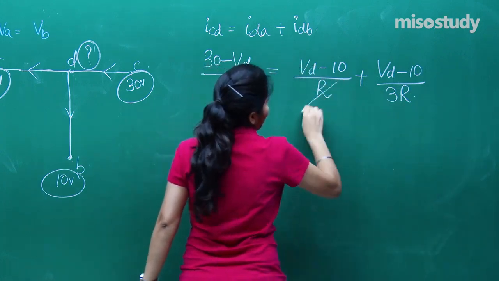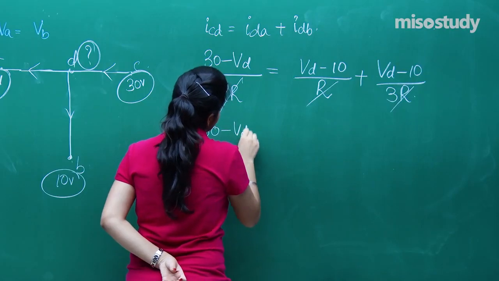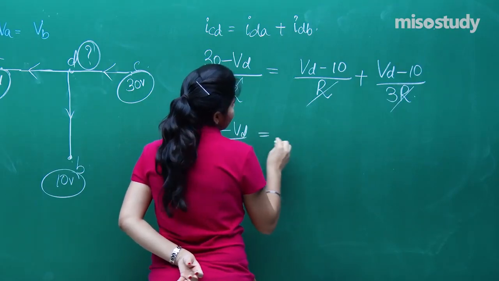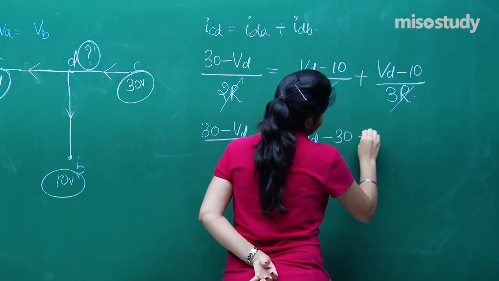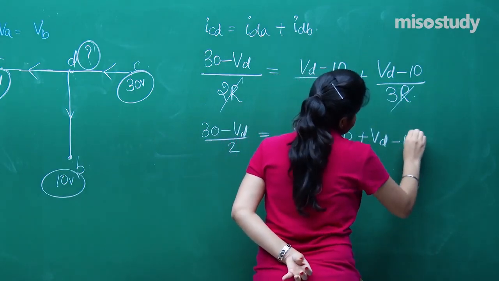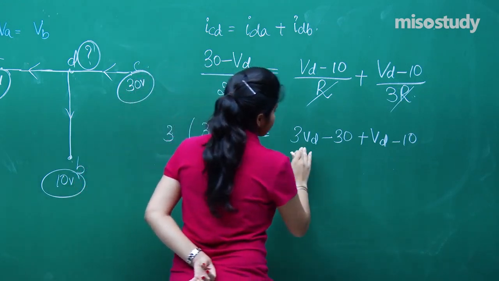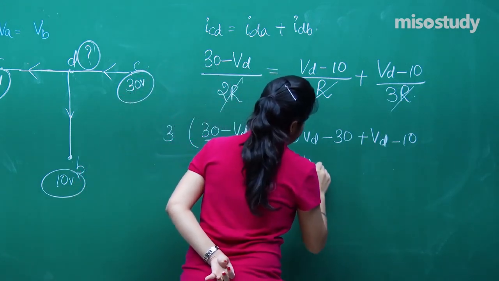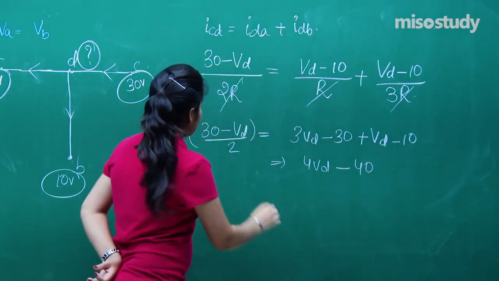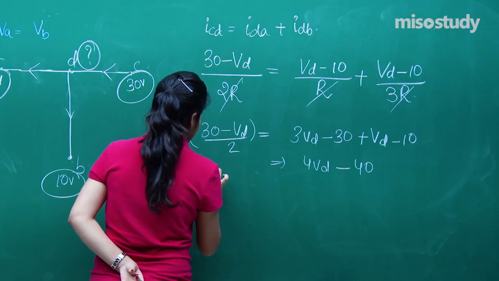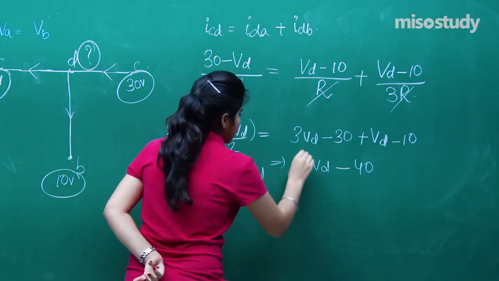So this R and R will be cancelled. We are having only 30 minus VD by 2 equals 3 VD minus 30 plus VD minus 10 into 3, right? So 3VD plus VD, that is 4VD minus 40, okay. This will be equal to 90 minus 3VD into 2.